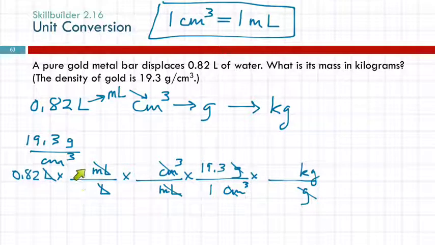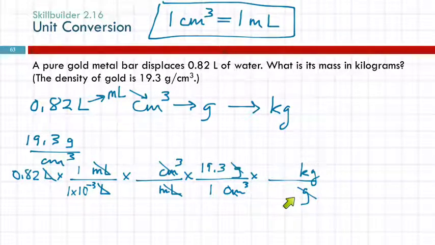This first term, milliliters and liters. Well, milli means 10 to the minus 3. So I already have milli on top, so I'm going to put what it means on the bottom. 1 milliliter is 1 times 10 to the minus third liters. Over here at the end, I have a similar thing where I've got kilo.